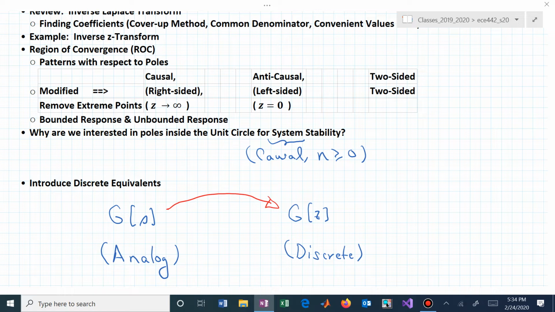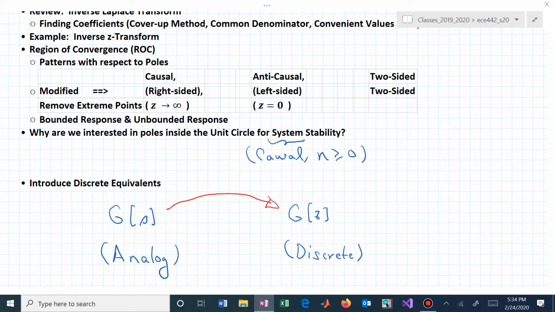That then is your removal of these extreme points, and we will also talk about bounded response and unbounded response, and those can occur for any of these different cases. If it's causal, you can have unbounded and bounded. If it's anti-causal, you can have unbounded and bounded. If it's two-sided, you could have bounded and unbounded behavior in those different scenarios.